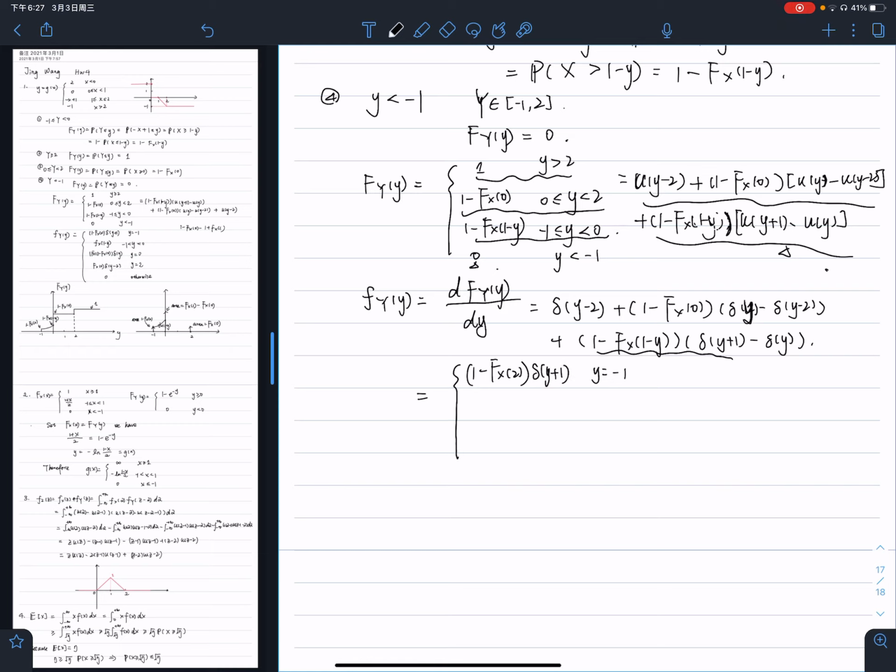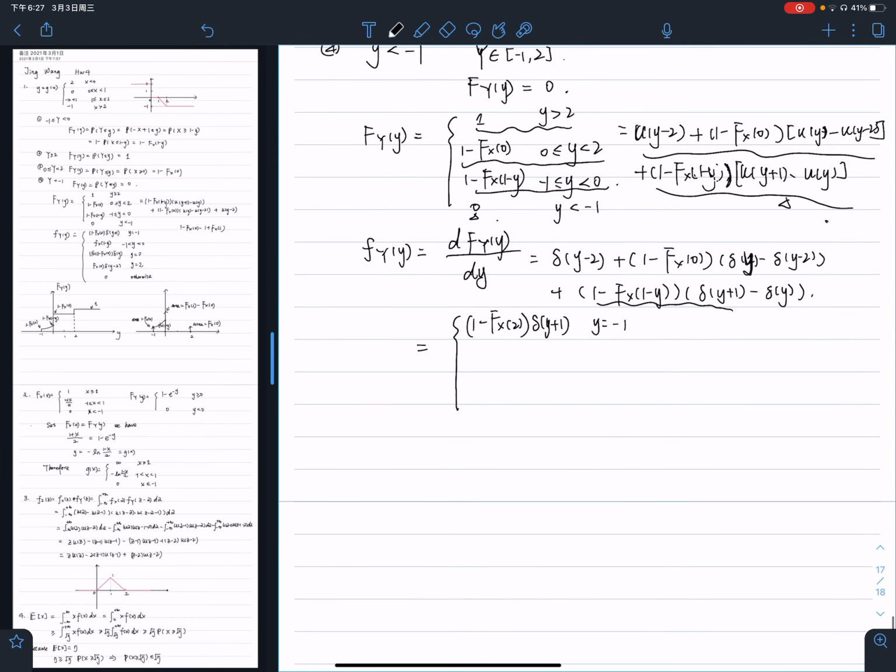Actually, delta(y plus 1) I could write differently, but I want to write it like this.